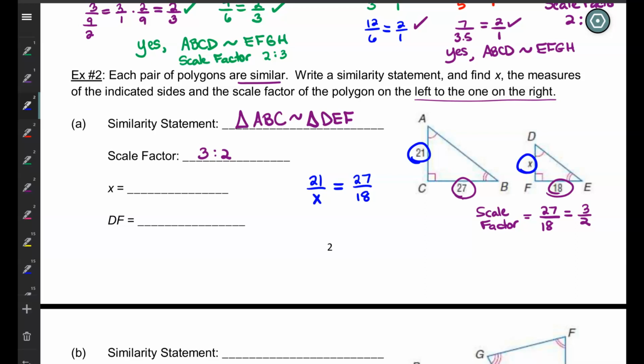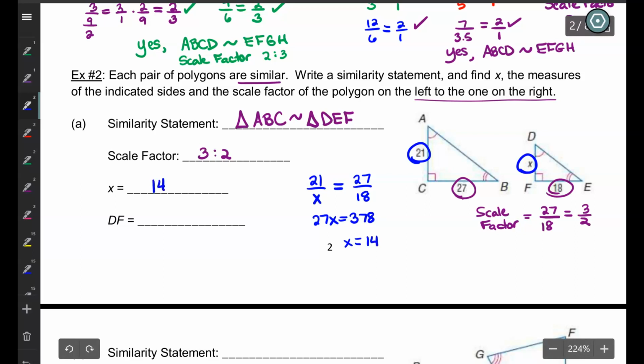That's fine. Or just leave it like this. And we'll cross multiply. We'll get 27x equals 378. Divide both sides by 27 and we get 14. So x is 14 and DF is represented by x, so that's just going to be 14 there.